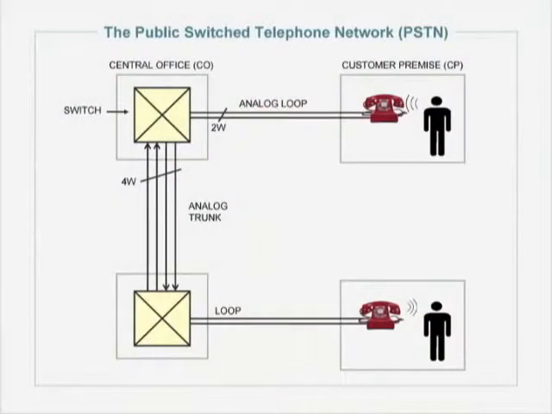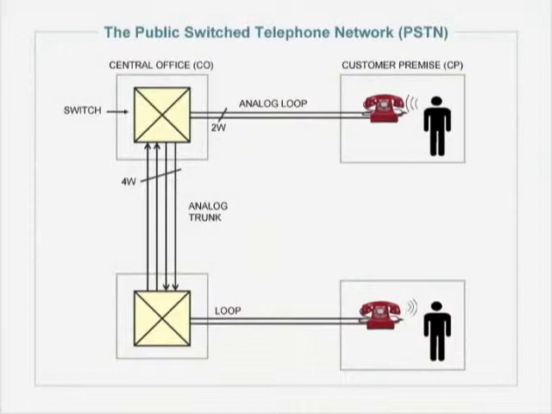Before there was digital anything, there were analog trunks. What's the difference between an analog loop and an analog trunk? Well, not much. Loops are 2 wires, trunks were 4 wires. Presumably loops are 2 wires when you used them in both directions at the same time, because everybody had one, so they had to be fairly cheap.